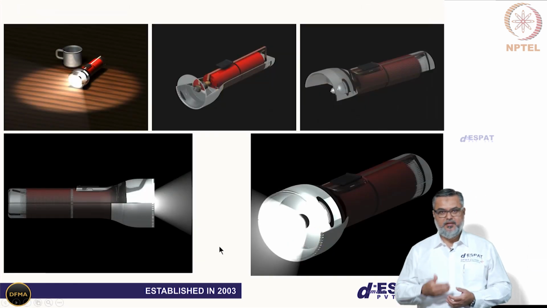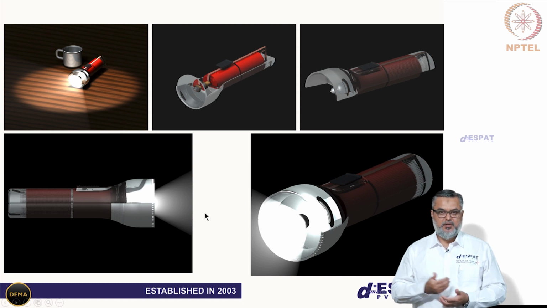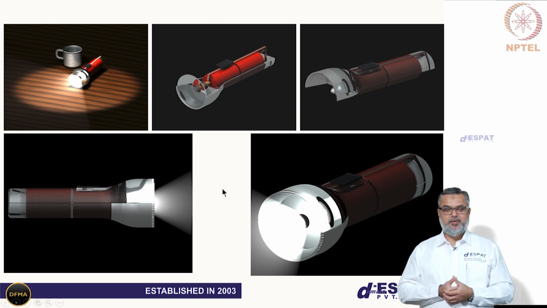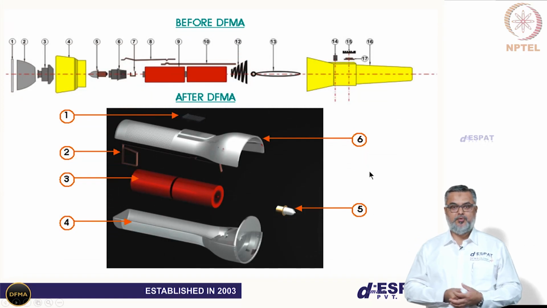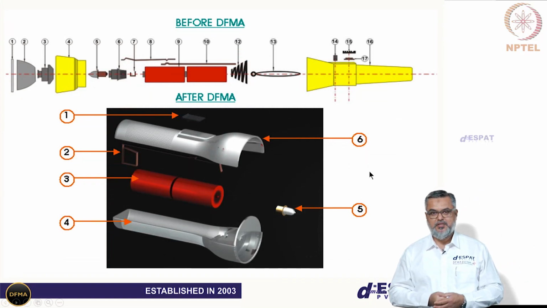So, if you investigate it from a fundamental design perspective like that, what was a potential 17 part component could probably be redesigned to a 6 part tool.